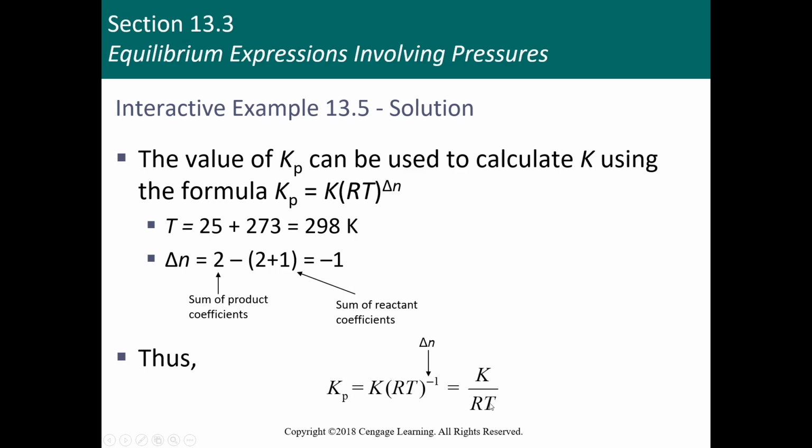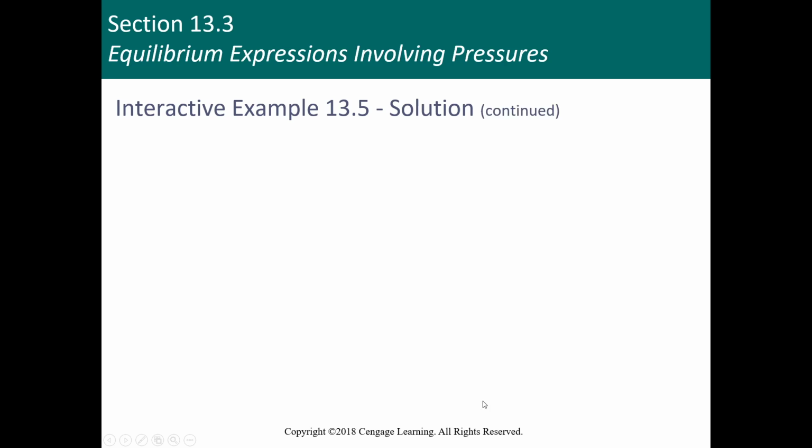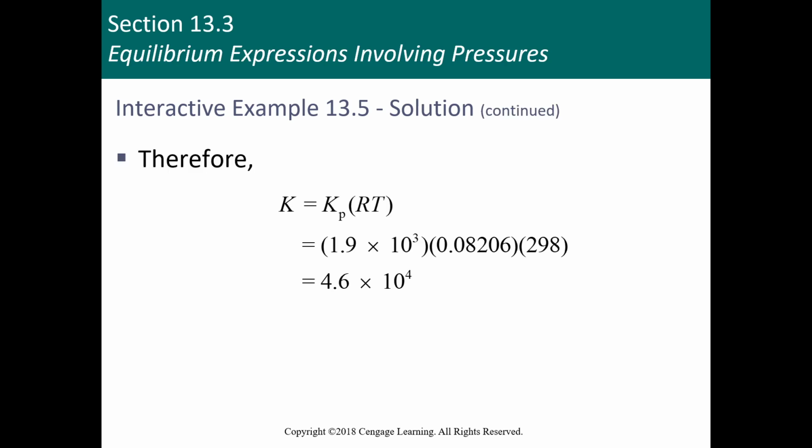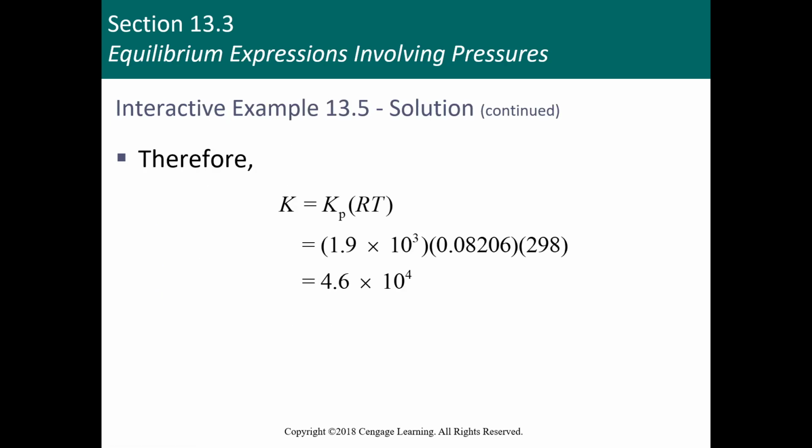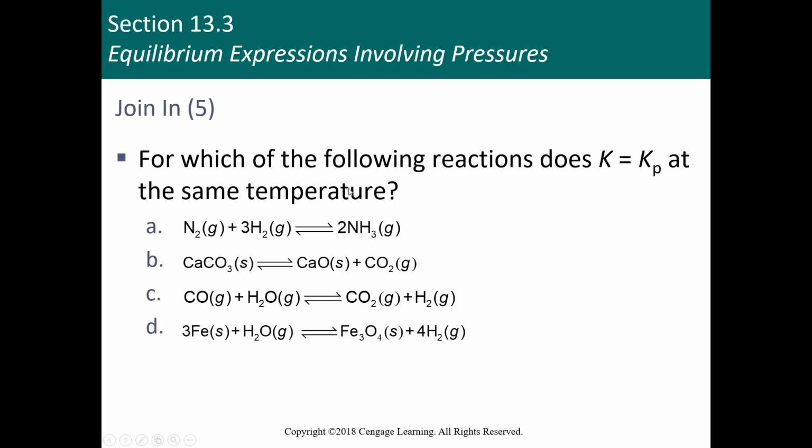That caused this RT to be on the bottom below the K. And so we would multiply that to the Kp, which is what we have here. And that will give us, well, our K, our Kc, is 4.6 times 10 to the 4th power then. Notice we never need any units for values of K.